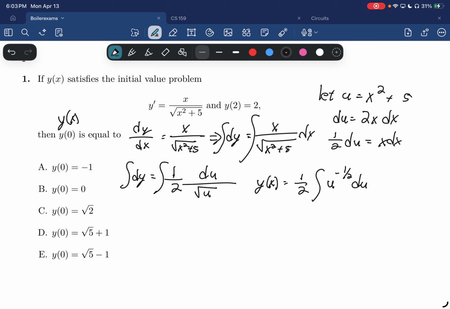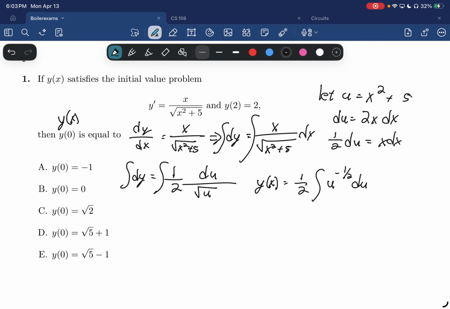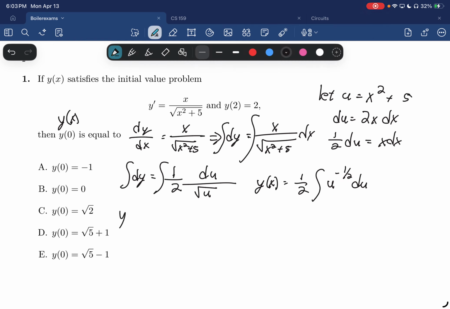Okay, to integrate something with an exponent, we add 1 to the exponent and then divide by that value. So let's do that. y is equal to 1/2 u to the negative 1/2. 1 added to negative 1/2 is u to the 1/2 divided by 1/2, plus c.